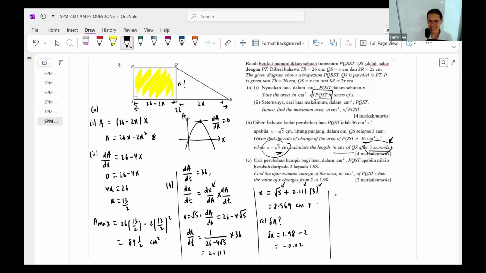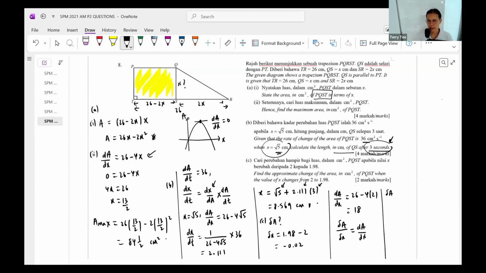So I must first find dA/dx. dA/dx when x is what? When x is 2. Always use the initial value. Sub inside here. So it's 26 minus 4 times 2. 26 minus 8, 18. So we know if your delta x is small, delta A over delta x is approximately the same as dA/dx.